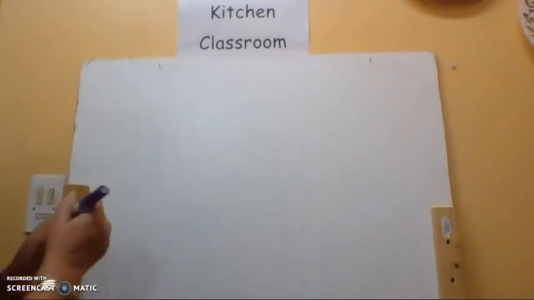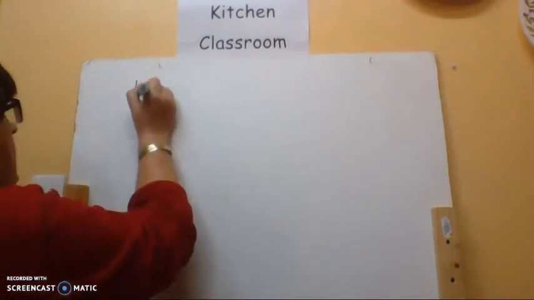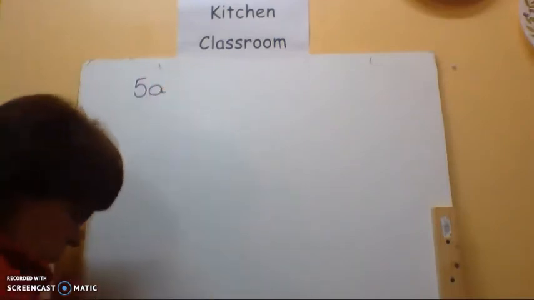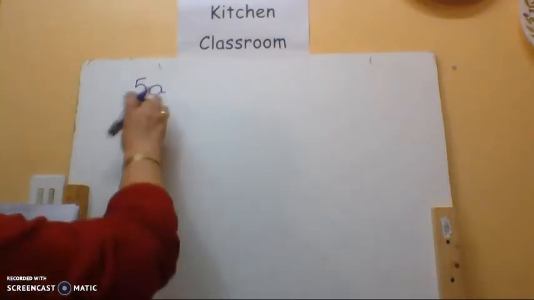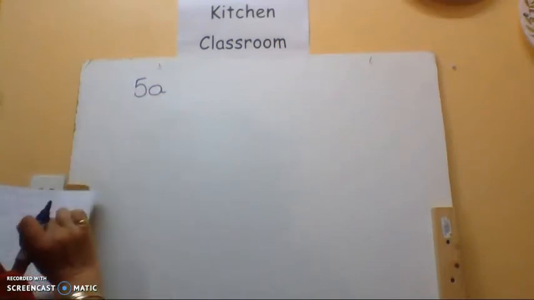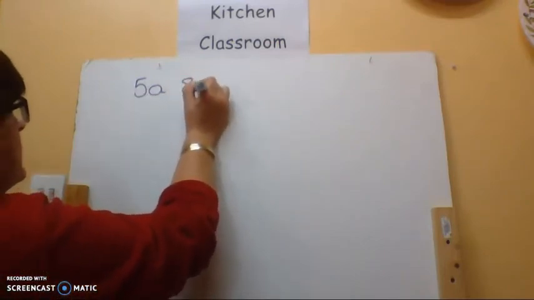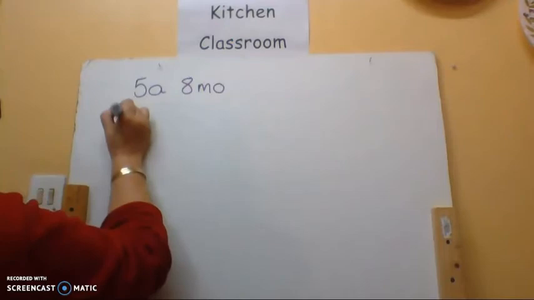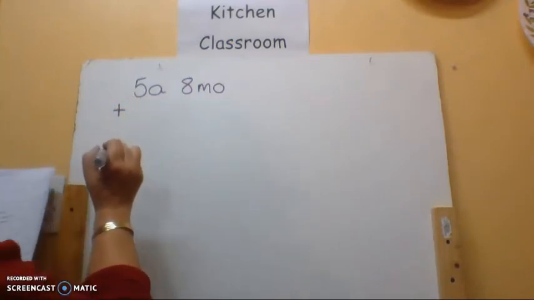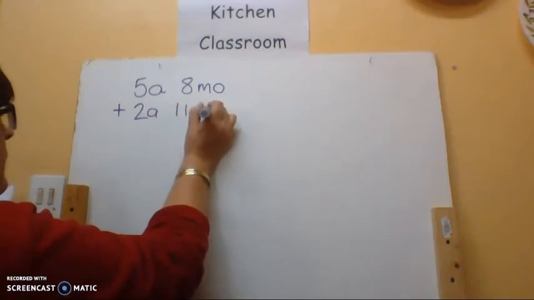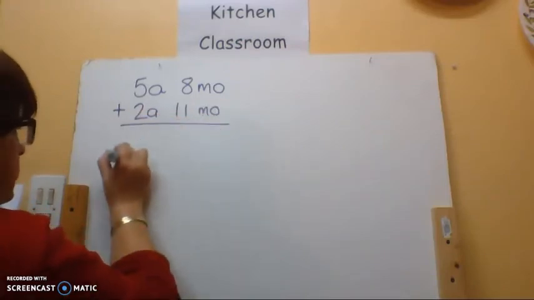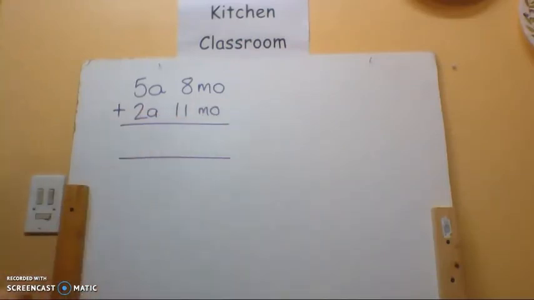If I have got 5 years, and remember the A is the Latin word annus, annum for year, and 8 months, and we are going to add 2 years and 11 months. Now, if I have a look at that, we can't just add them like that.